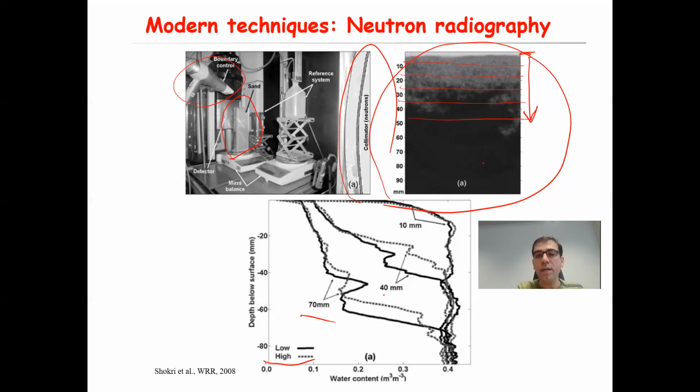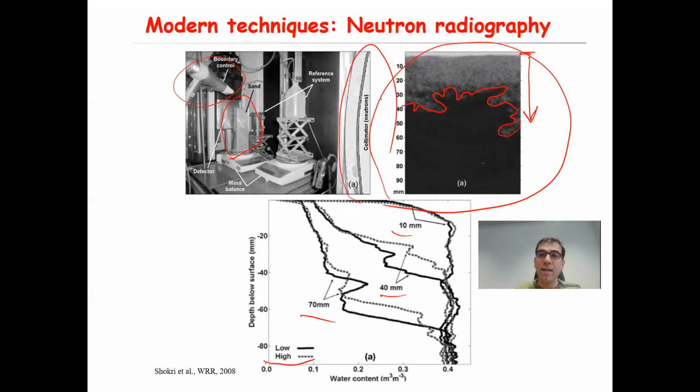The number here indicates the depth of the drying front, which was defined as the interface between the saturated and unsaturated zones. Somewhere here, the interface between the dark gray and the light gray is what is called the drying front.